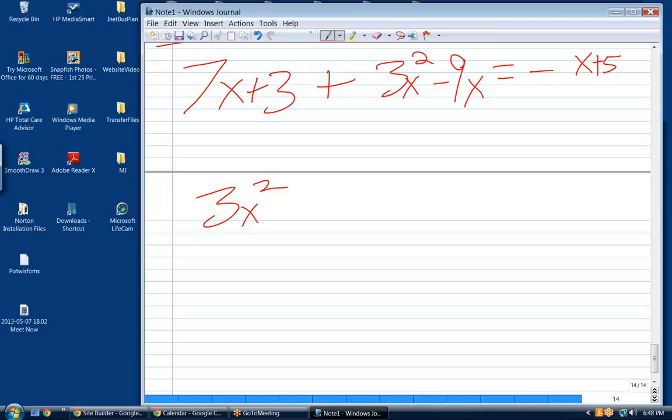Negative 3. Well, we got plus 7x, minus 9x, that's minus 2x. Then I have to add an x to get rid of this one, so that makes minus x. That gets rid of that, and that at one time.